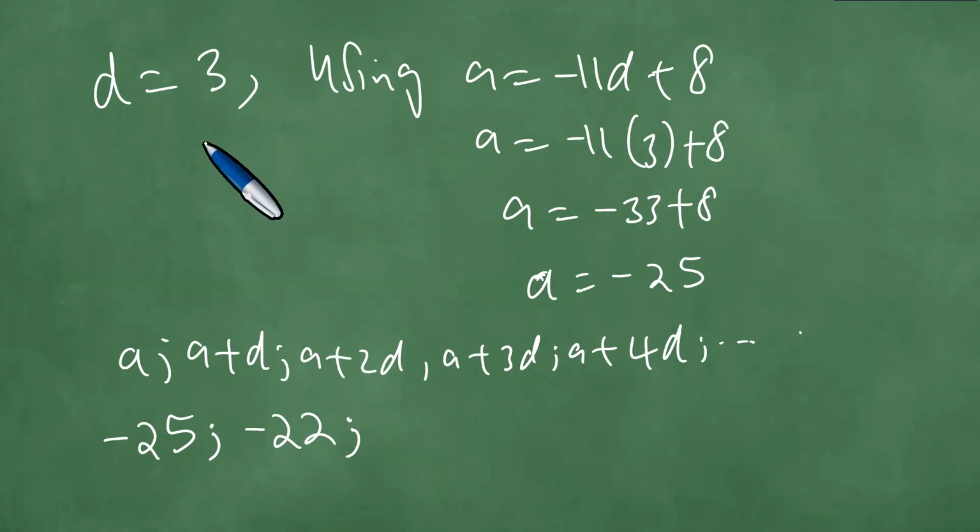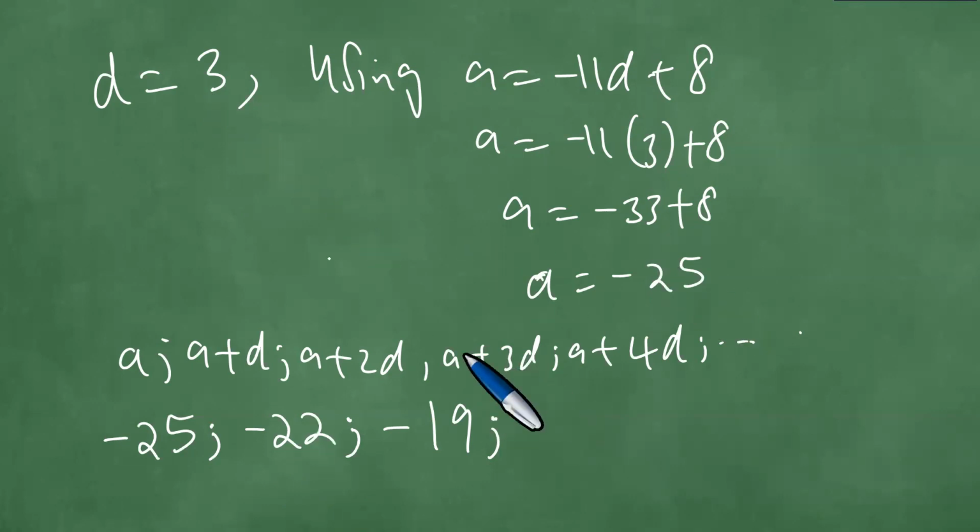Then 2 times d, which is 6, and you get minus 19.